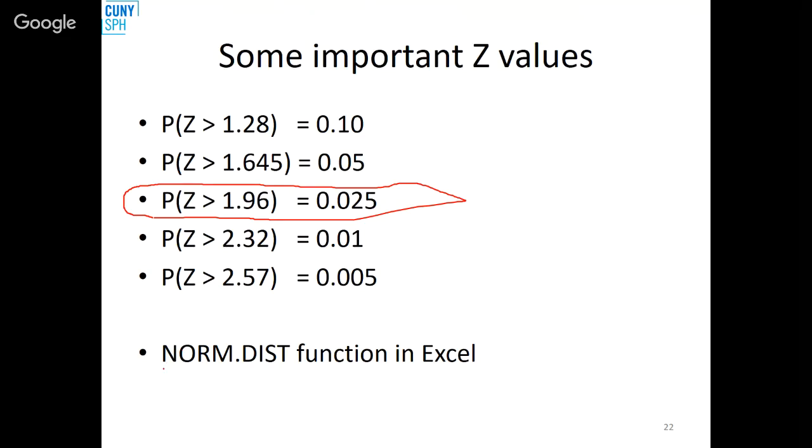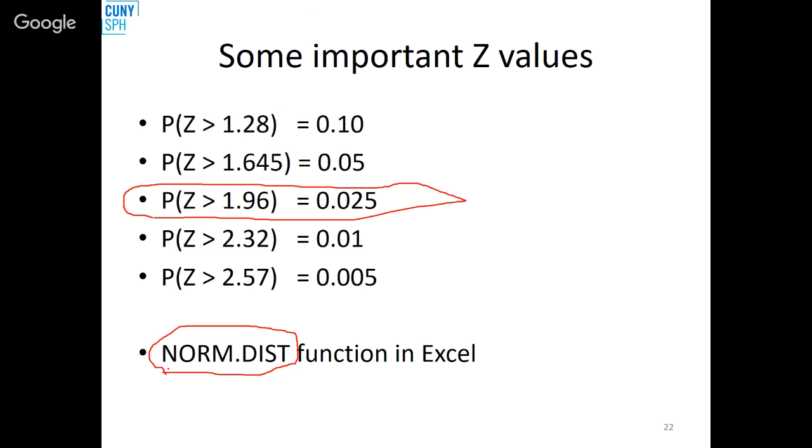I also want to mention that you are perfectly free to use the norm.dist function in Excel instead of bothering with the lookup tables. You can get all of these answers using the norm.dist function, and it has options for upper tail or lower, right tail or left tail.